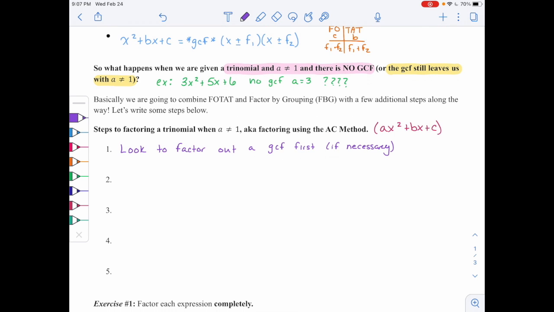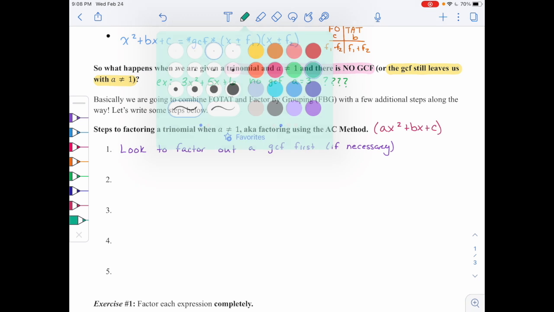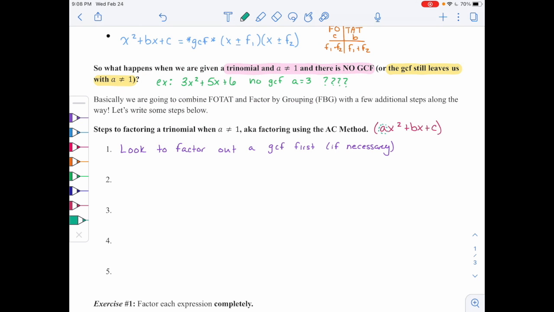The second thing we're going to do now, and this is why it's called the AC method. Once you factor out that GCF, you're still going to be left with an A term, hopefully. Well, not hopefully. If you aren't, you just use FOTAT. But if you still have an A term, what you're going to do is multiply A times C. Hence, AC method, right?